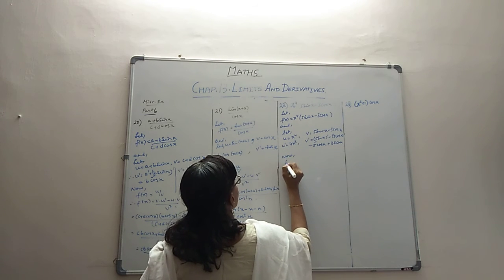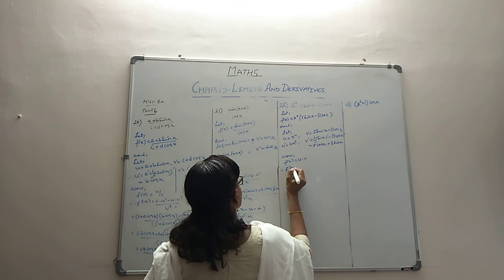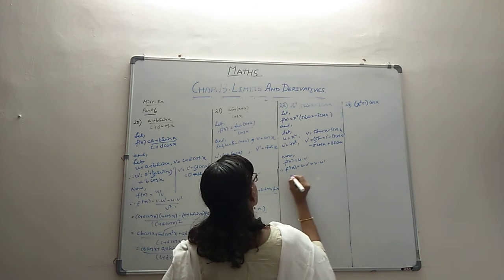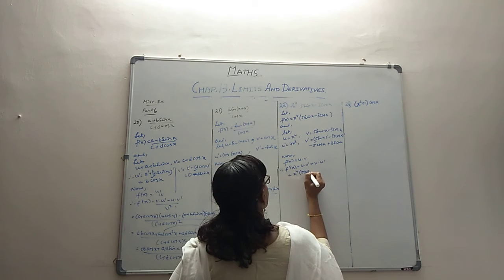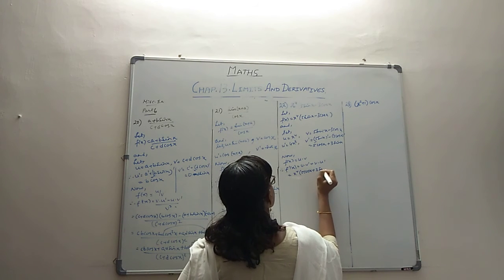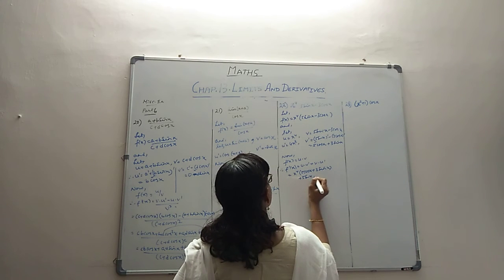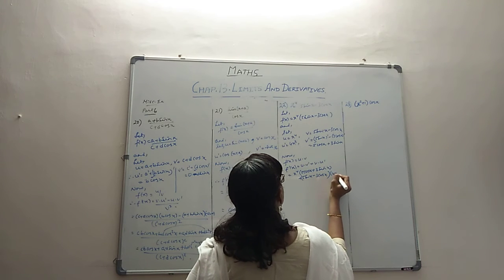Now your f of x is u into v, so f dash x will become u into v dash plus v into u dash. u for us it is x raised to 4 and v dash is 5 cos x plus 3 sin x, and v for us it is 5 sin x minus 3 cos x into 4x cube.